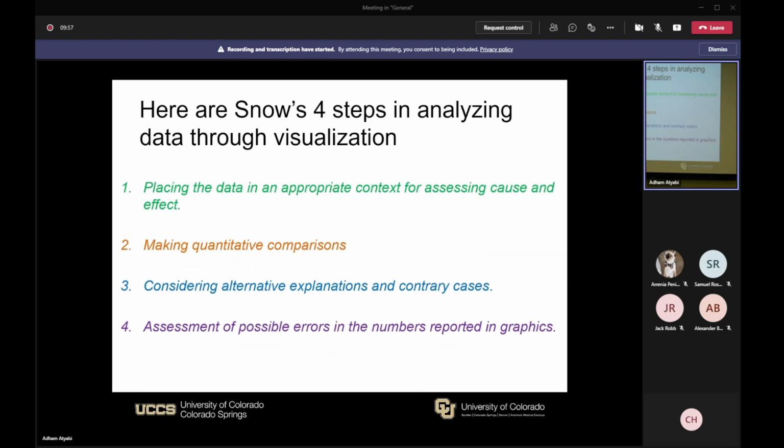The first one was placing the data in an appropriate context for assessing cause and effect, making quantitative comparisons, considering alternative explanations and contrary cases, and assessment of possible errors in the numbers reported in graphics.